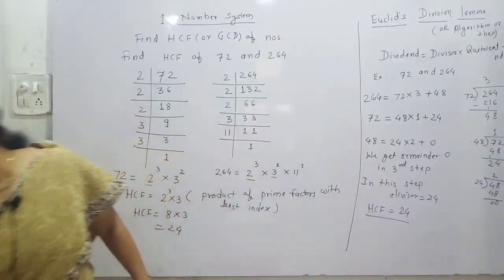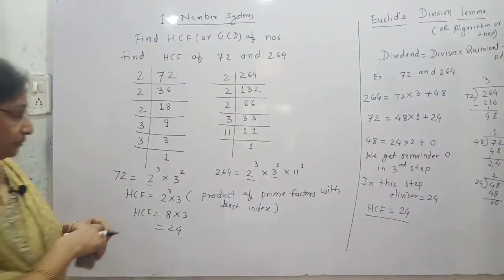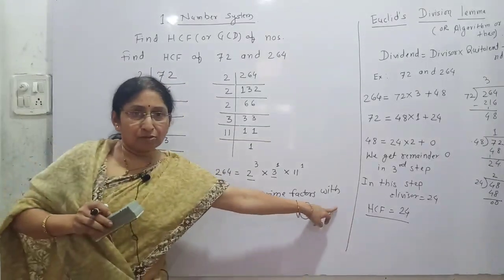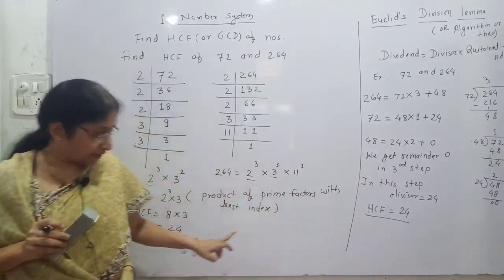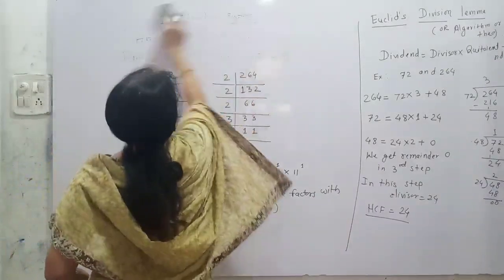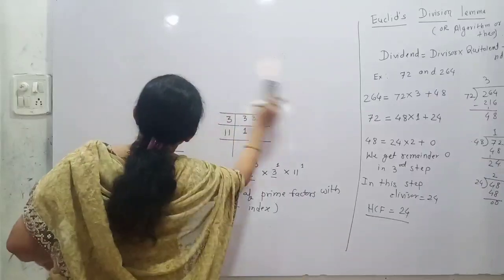So how will you define this? In both methods you can verify, Euclid's division method as well as the prime factorization method. So how will you define Euclid's division method?